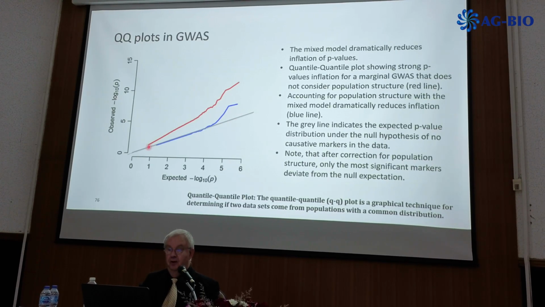But if you have a very distorted QQ plot, you need the mixed model to dramatically reduce the inflation of the p-values. Accounting for the population structure with the mixed model dramatically reduces the inflation, as you can see. So this is uncorrected, and this is the corrected one, which clearly supports your identification of significant markers in the genome-wide association.